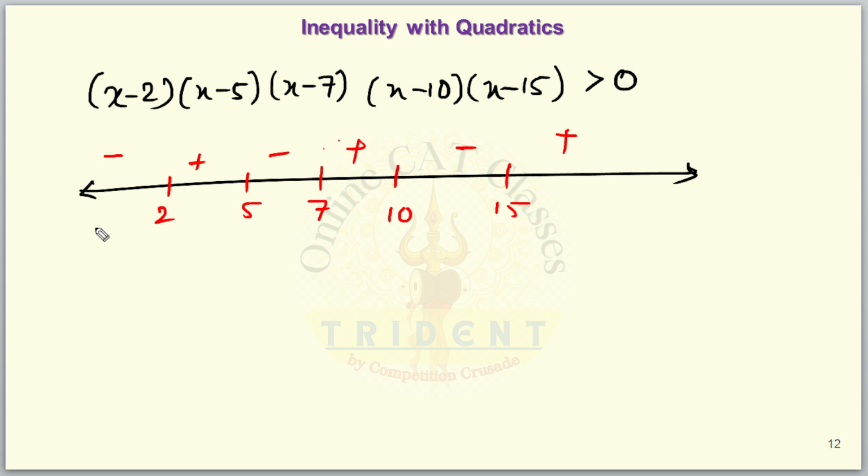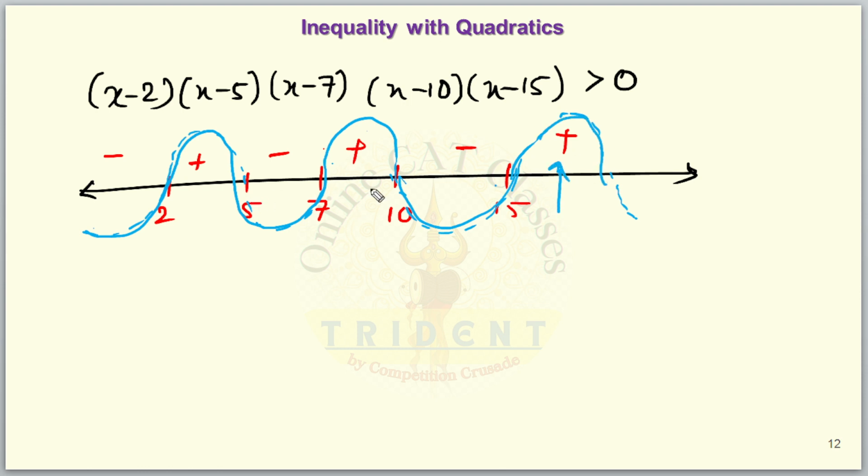If you have to draw, the graph will be something like this. Freehand, I'm drawing this. And all the positive ranges are what the answers are for our purposes. So this is the one, this is the one, and this is the one.